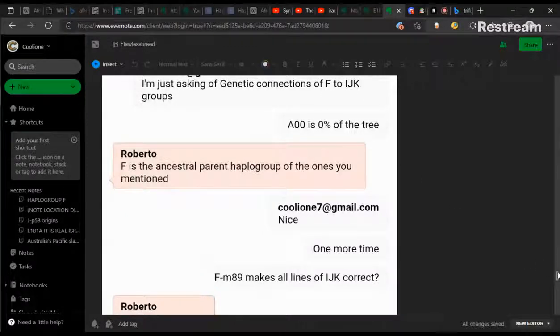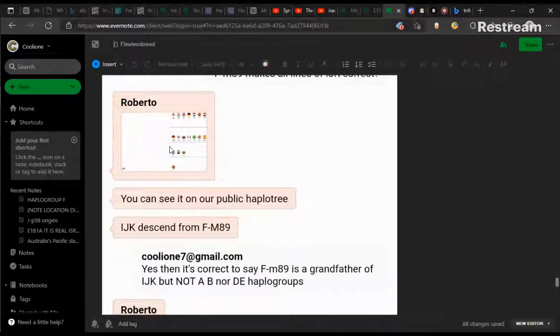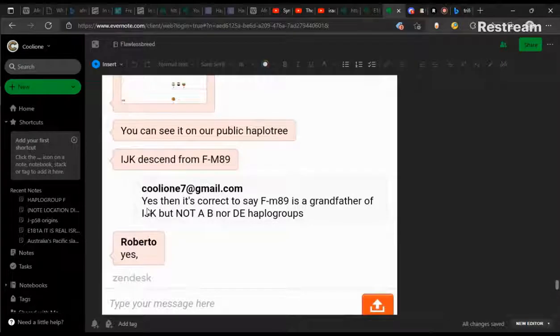That's very important. You can see right on the site that IJK descend from F groups, which is a grandfather. So very important. Here's an answer to the direct question. Yes.